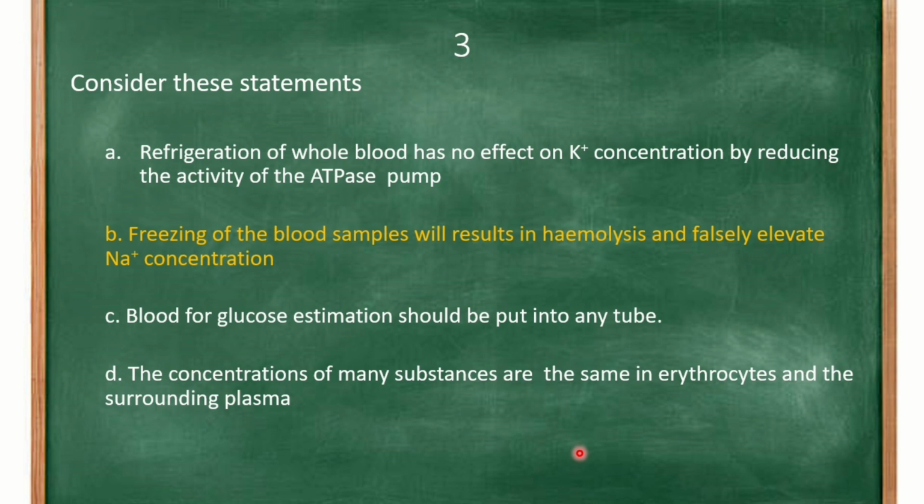So when you refrigerate whole blood, there will be lysis of the RBCs, and when that happens, there will be release of the potassium, because potassium is an intracellular ion, so it will be released when the RBCs are lysed.